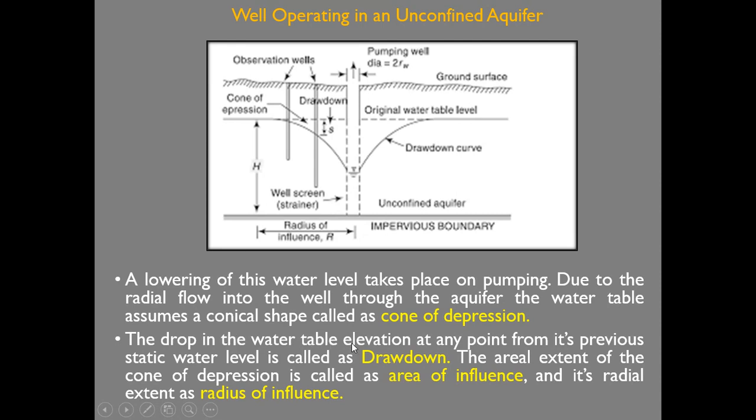The drop in the water table elevation at any point from its previous static water level is called drawdown. So from here to here, this is called drawdown.